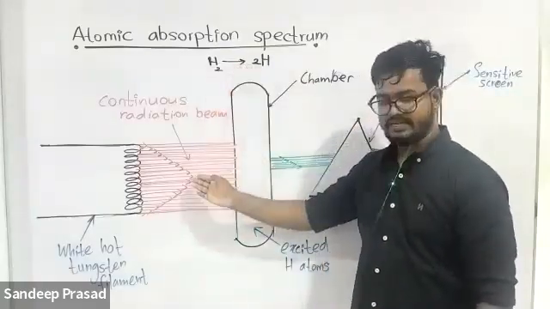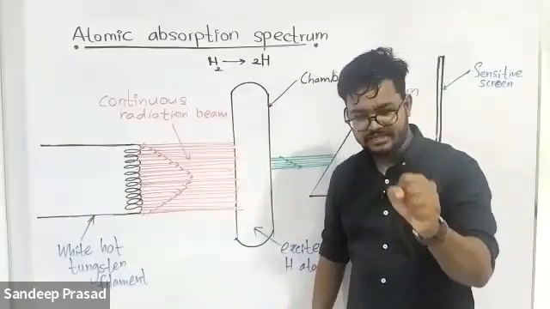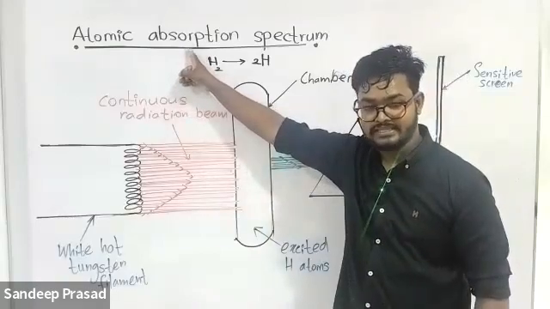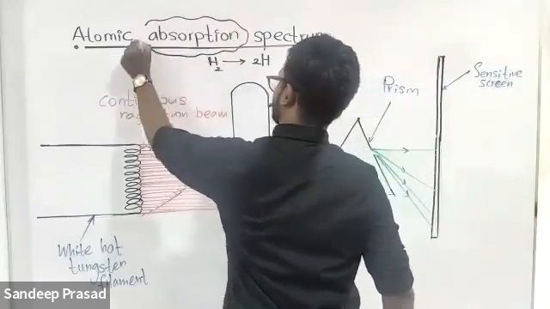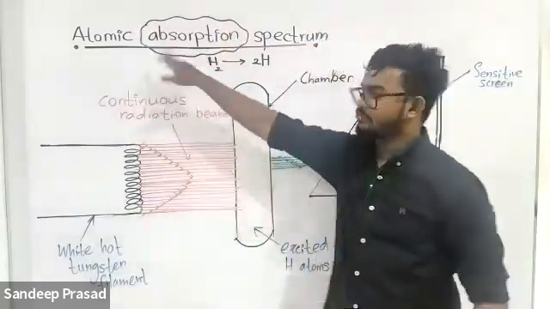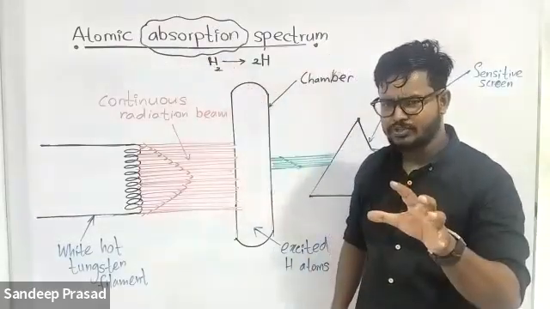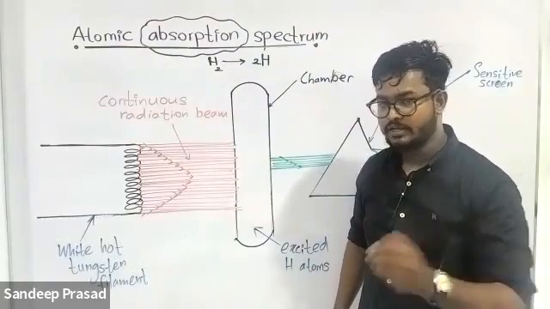Hydrogen gas is colliding with these energy radiations and forming hydrogen atoms. And these hydrogen atoms are absorbing. Look at this term, absorption. Students, atomic means hydrogen atom. Absorption means absorbing. Absorbing what?